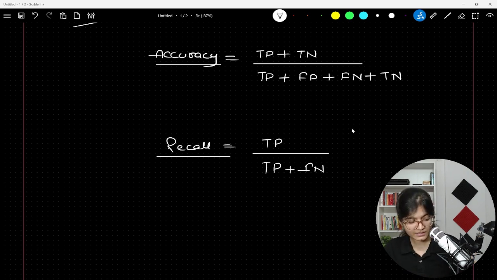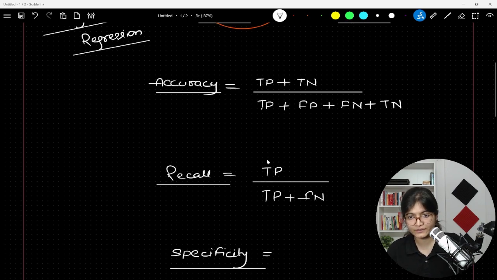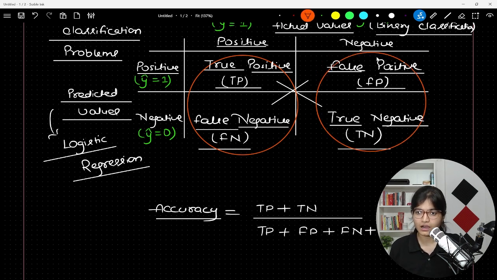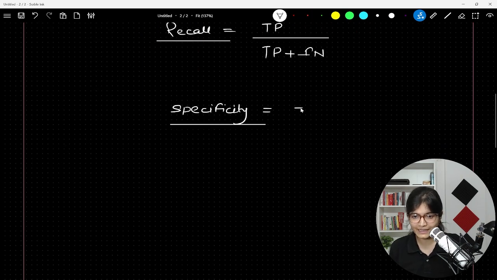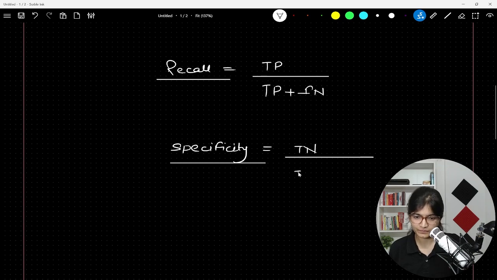Another thing which we call specificity takes care of true negatives. It says, out of total actual negatives, how many of them are true negatives? So it will focus on the next column that we have. It will be TN divided by TN plus FP.